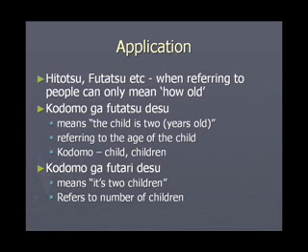If he had 3 children, you would have said Kodomo ga san-nin desu. So, you must make this differentiation that ikutsu in respect of people can only be age, and if you want to know the number, you should ask nan-nin.